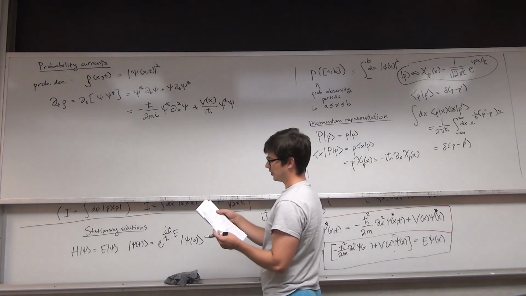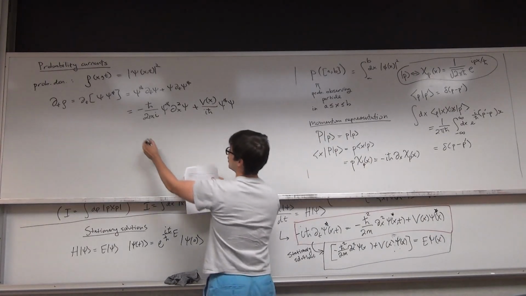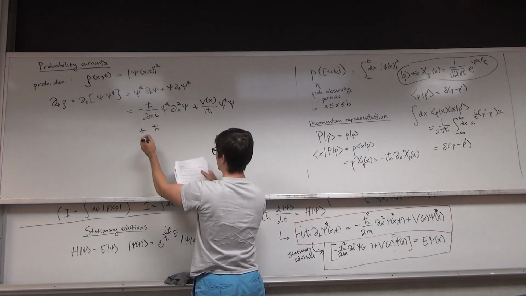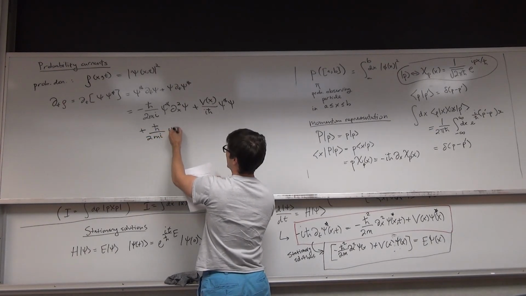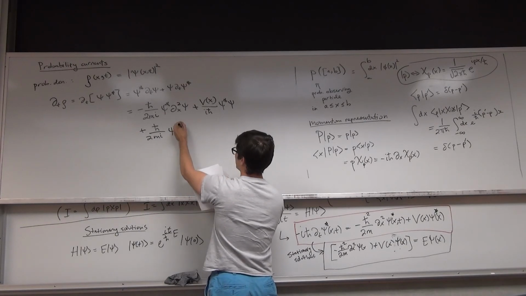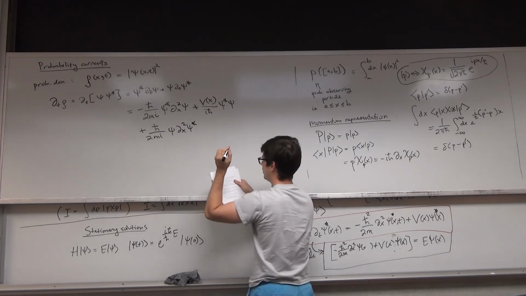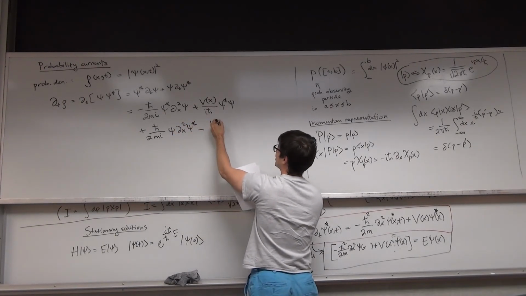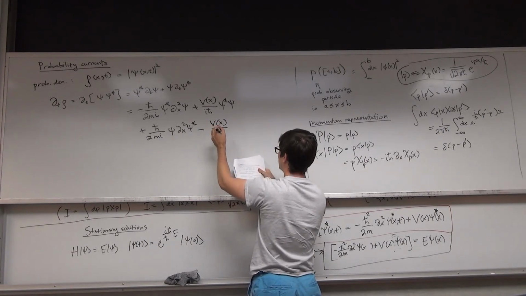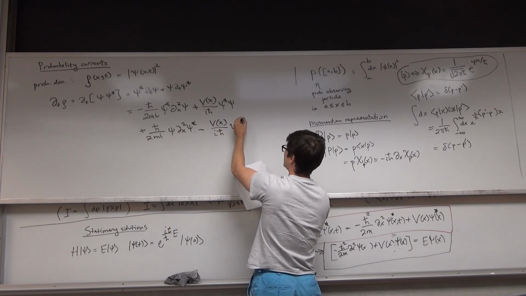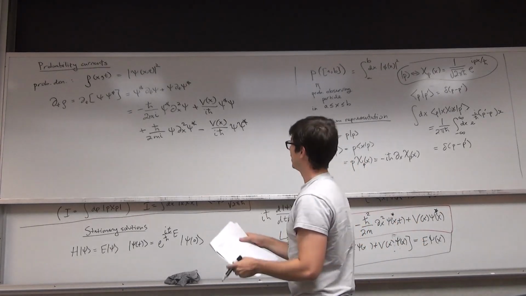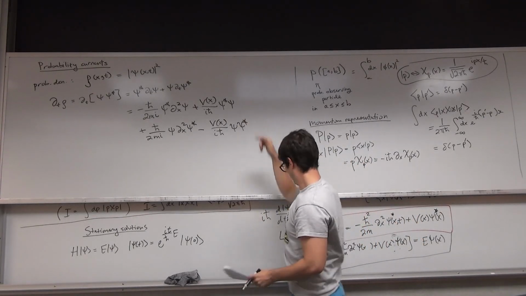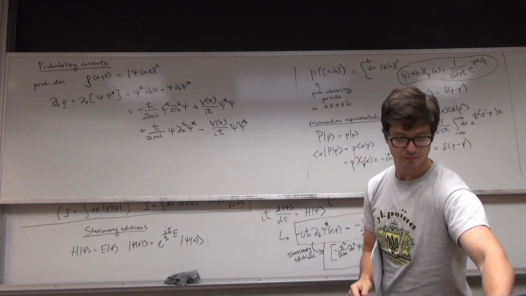This thing is plus h bar over 2mi, psi times the second derivative of psi star, minus V of x over h bar, psi star psi. Well, that's very convenient because these two terms just cancel.